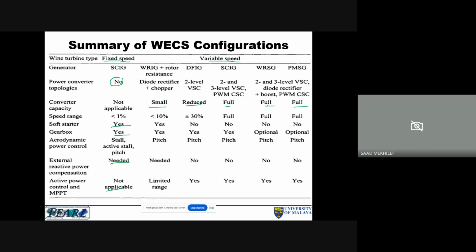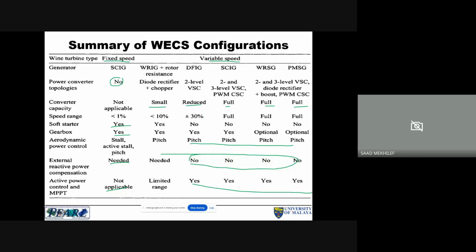With full power converters, the inertia of the system will be reduced significantly. Most of them have active power control, which is good, and that doesn't require any reactive power compensation. The pitch control is also applied.